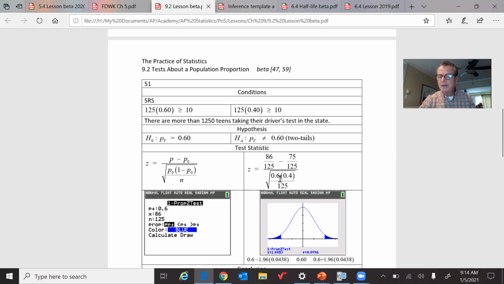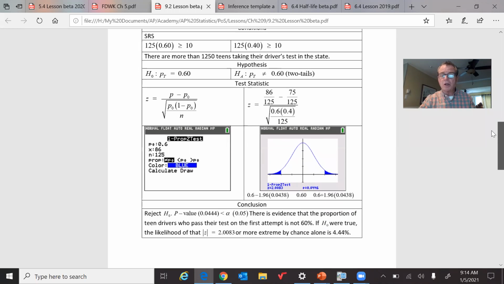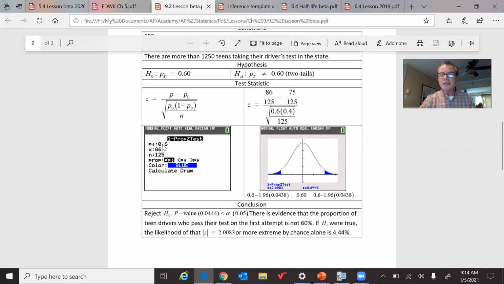And then the step is based upon p sub 0. You're writing this out just so you understand what's going on. In reality, you can go right here. All you're doing is saying the null is 6/10 in stat test 5, your sample is 86 out of 125, and you're picking a two-tailed test.